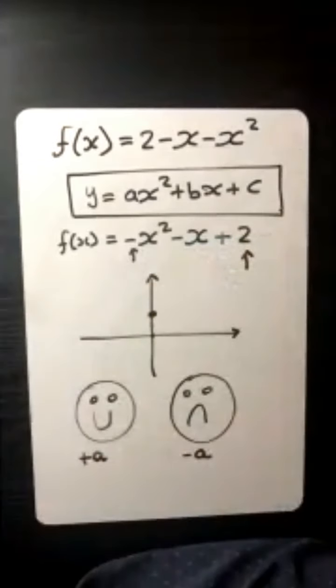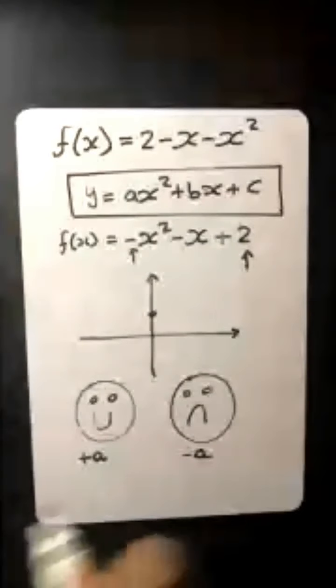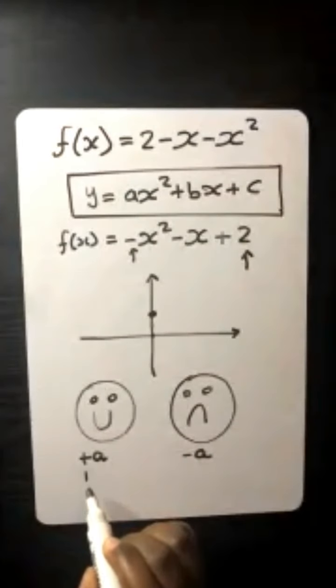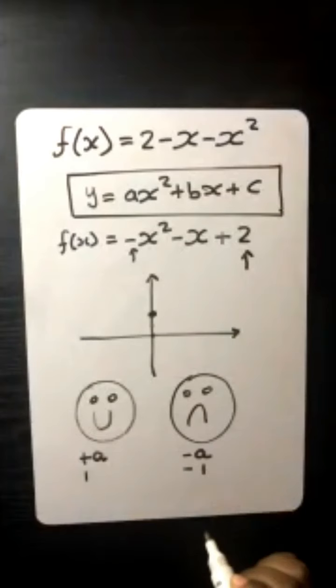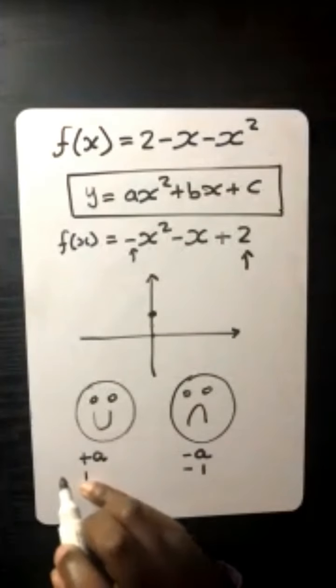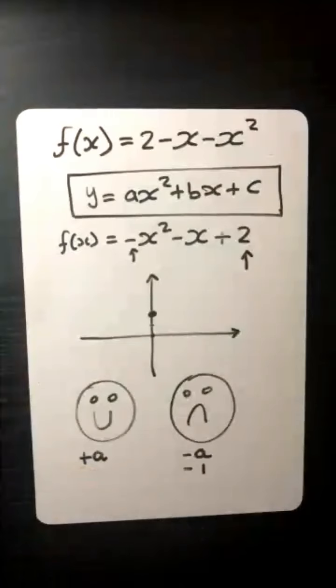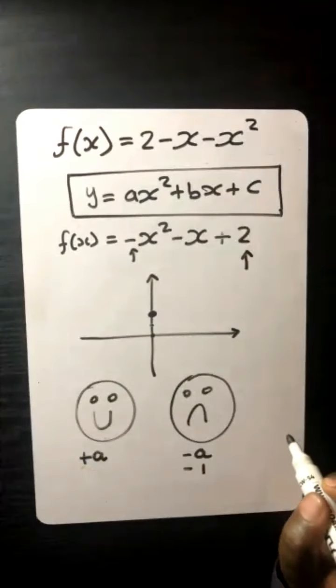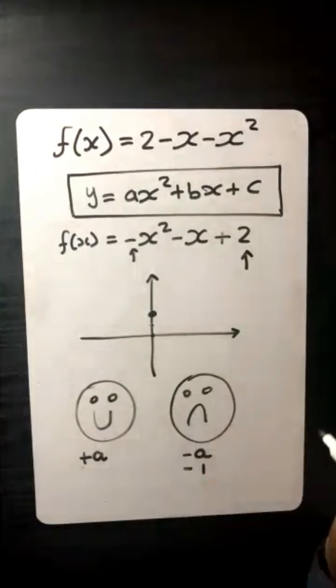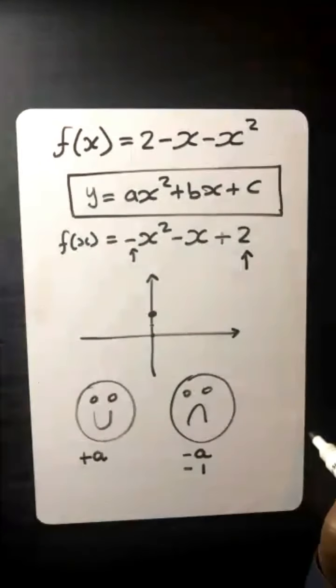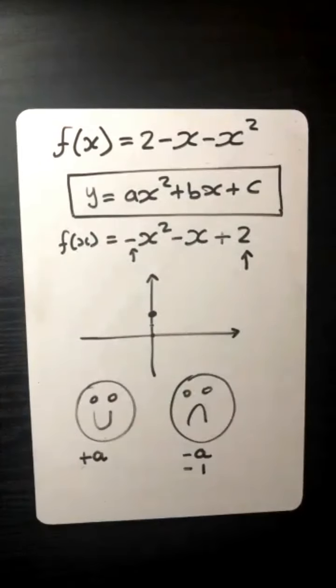Our a value is negative, and it's negative 1. So let me remove that positive, which means we are generally going to have a sad shape. I assume everyone agrees with me on that one.